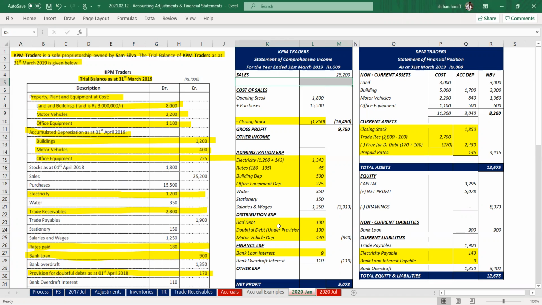So in the next class, I will do the depreciation and especially the EPF, ETF adjustment. That's also very important. I will try to do some more areas and we can focus on the other main chapters. Any other doubts?